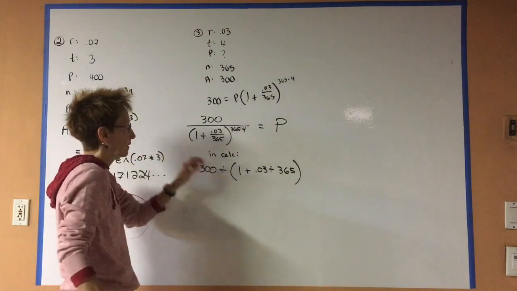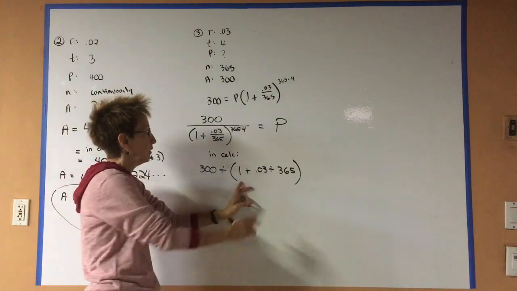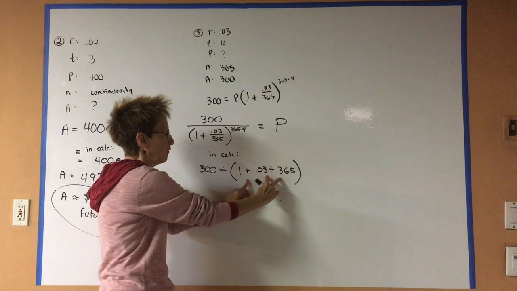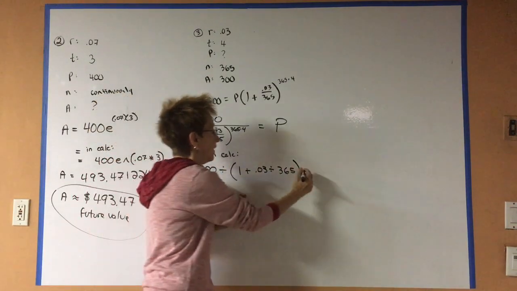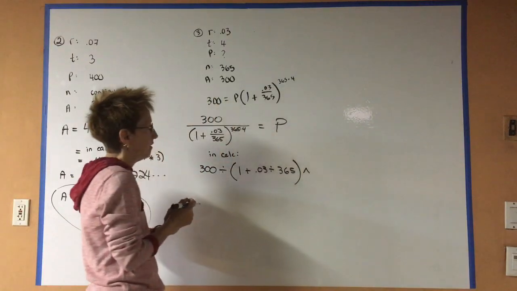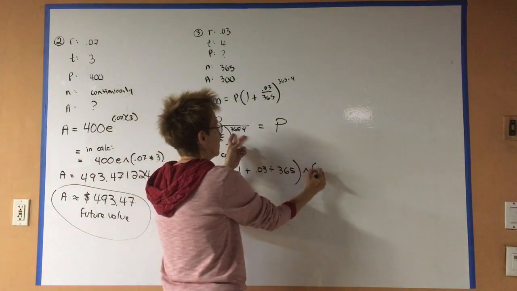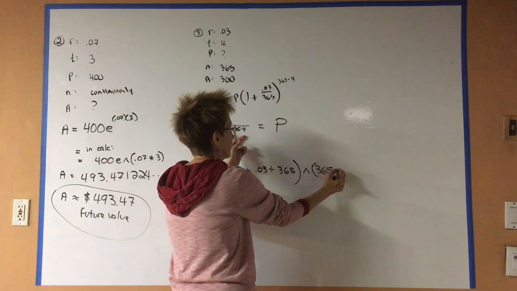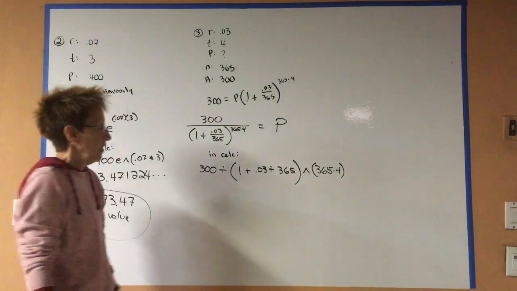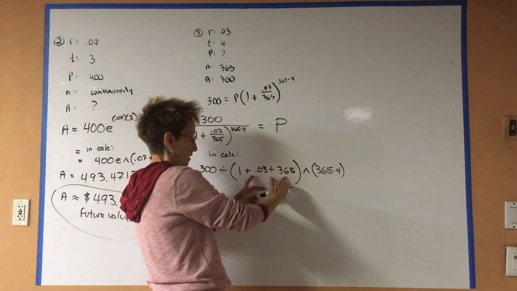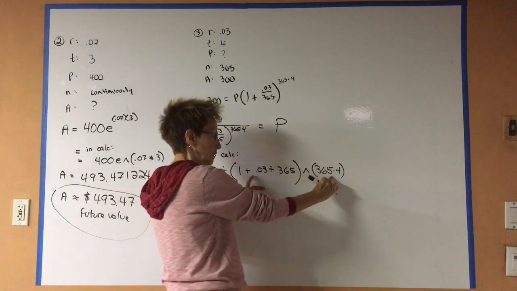Close that parenthesis. I'm going to make sure, we've already talked about this though, is this doing what I want it to do? It's going to divide that and add the 1, so that's perfect. And then I want it to be to the power of, and I'm going to have to type 365 times 4 here, either that or figure out what 365 times 4 is. So that'll give me this properly to the power of this properly.